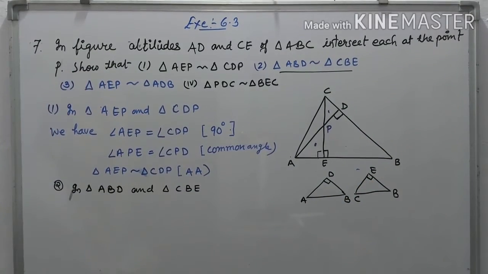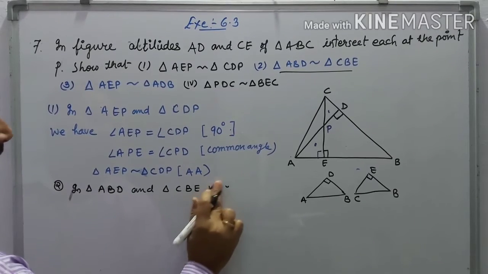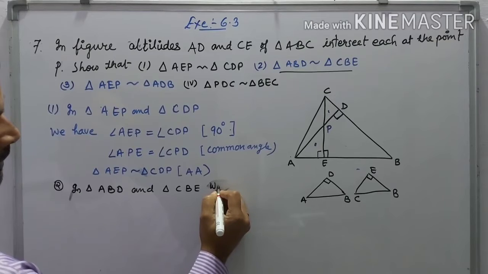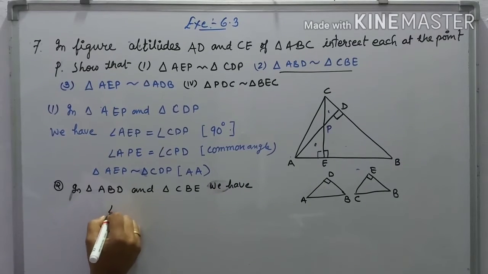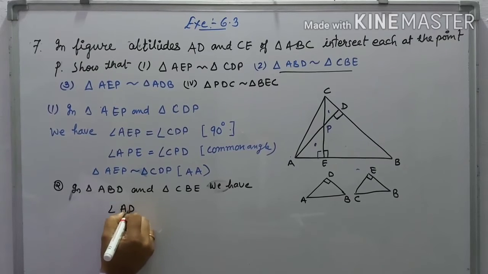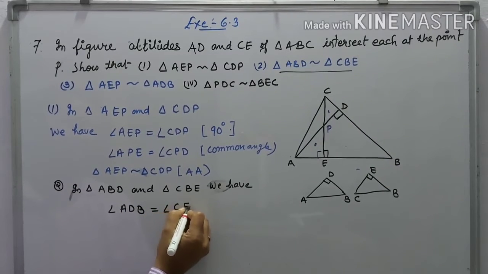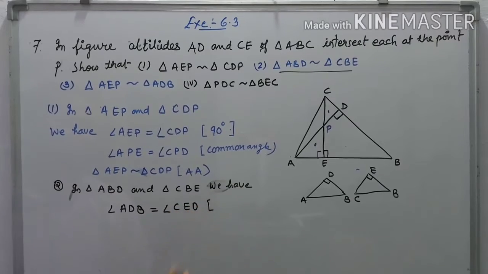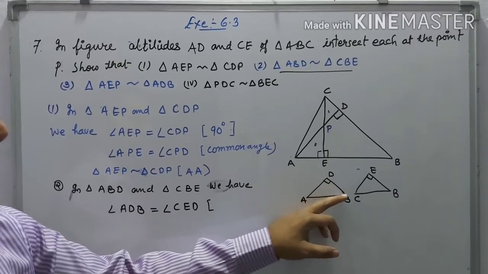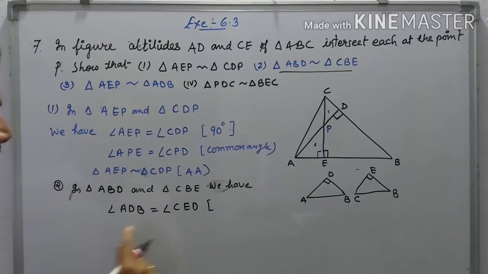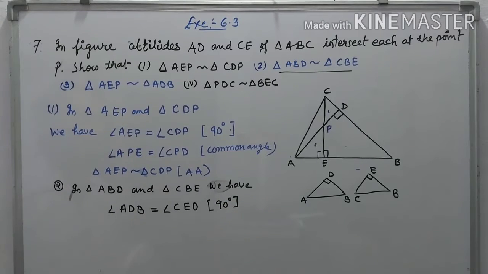Similarly we have angle ADB equal to angle CEB. Angle ADB and angle CEB are equal; both angles have value 90.